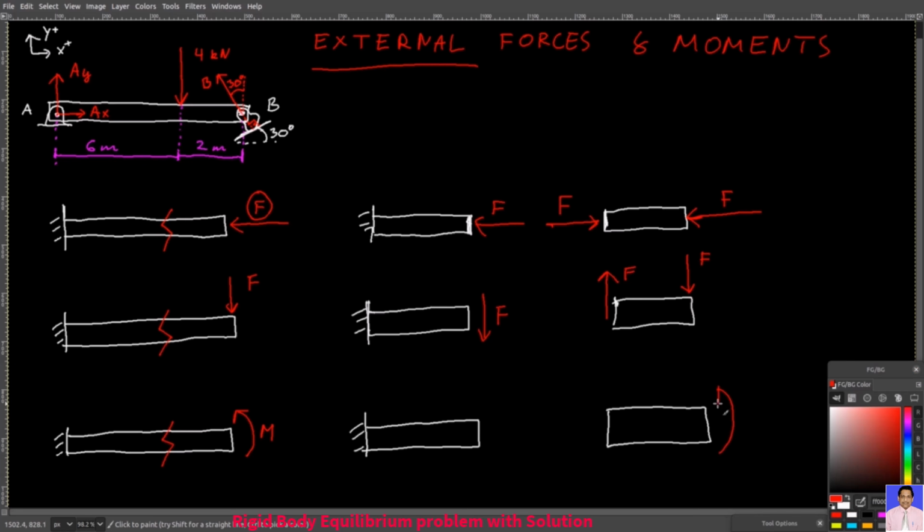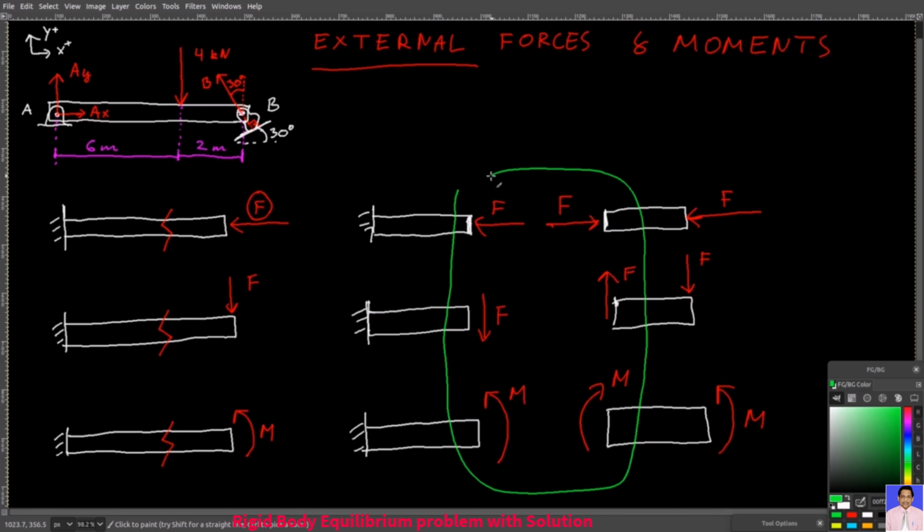If I apply a counterclockwise moment to this piece, but you know that this piece is at rest, it's not rotating, it means that you need to have another couple moment that has the same magnitude but has the opposite direction. It needs to be here in order to keep this piece in equilibrium. But due to Newton's third law, you have a couple moment here as well. So these two couple moments at the location where you had cut the beam, they will cancel each other out.